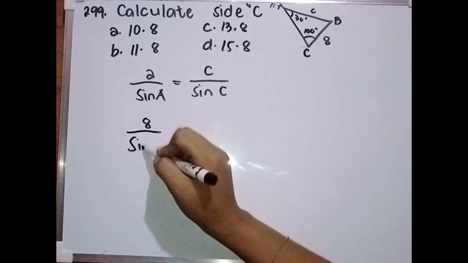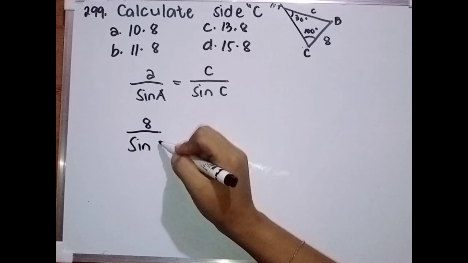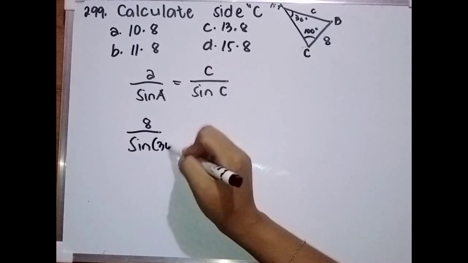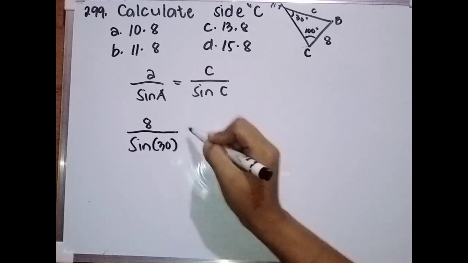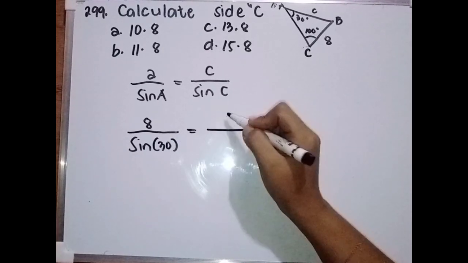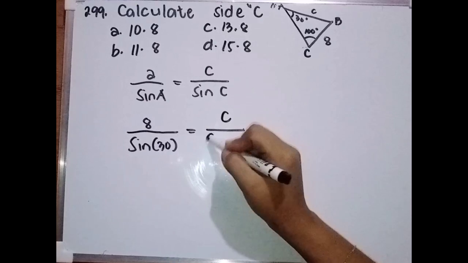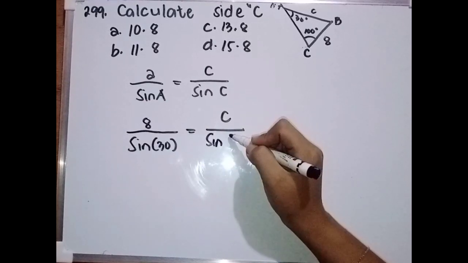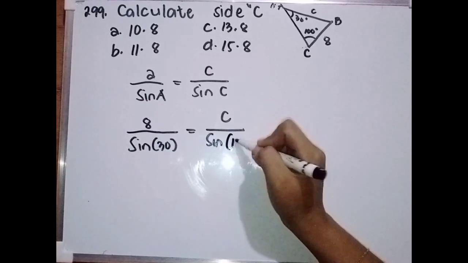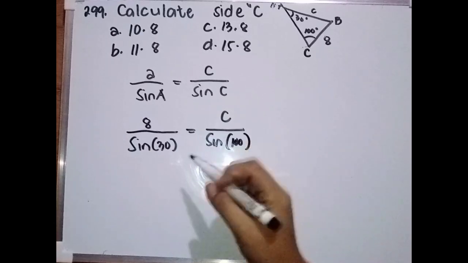Angle A is 30, side C is unknown and angle C rather is 100.